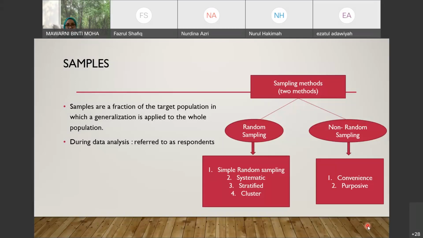You don't need to do that. You just explain what you do in your research, okay? And what are the sampling techniques that you use. You use random sampling technique because of this and that, and why, okay, and how, okay? So in your data analysis, you refer to them as respondents. All right.